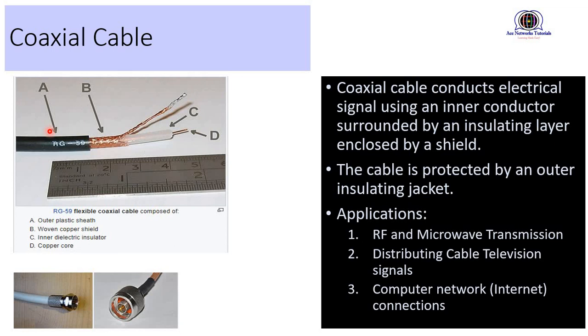This is the physical layout of the cable. A few applications of coaxial cable are RF and microwave transmission, distributing cable television signals, and computer network, internet, connections.